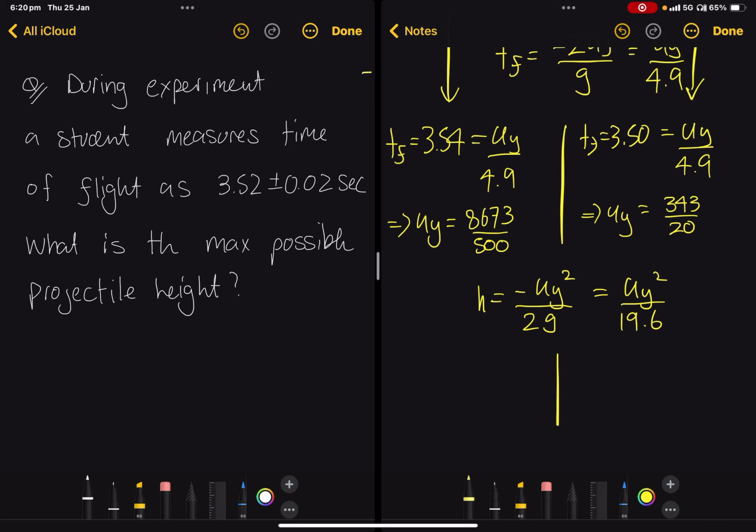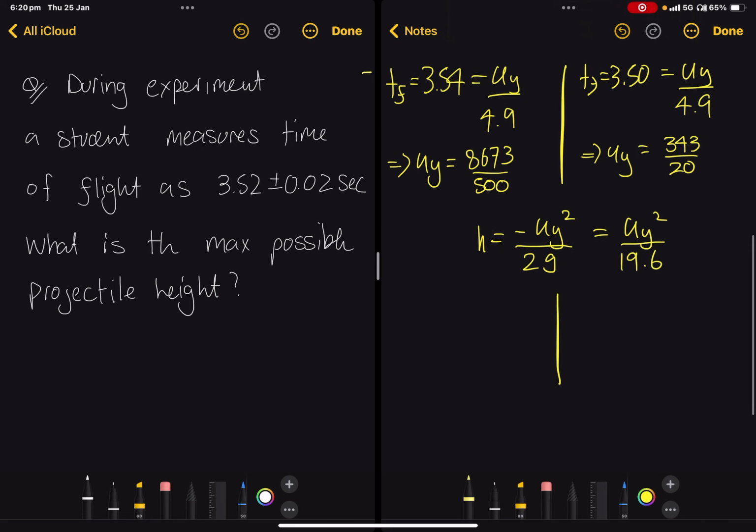So we can calculate the two maximum heights here. The maximum height associated with the maximum time is going to be, and our calculator is a little bit pushed to the limit here, right? We're putting very precise values into our calculator in order to try and get very precise values out. The calculator, of course, can't handle this.